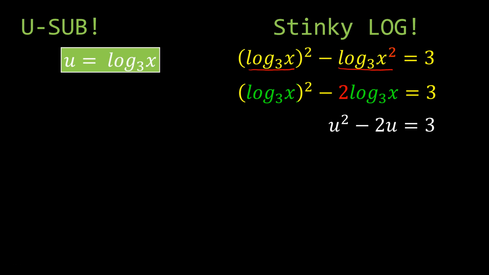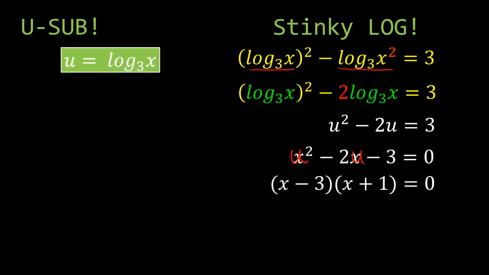And that is a quadratic. Make it equal to 0. Oopsie, that is not x. That is supposed to be u. And that is also u. And so u is 3 or u is -1.